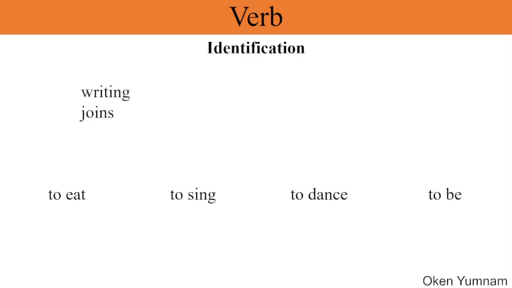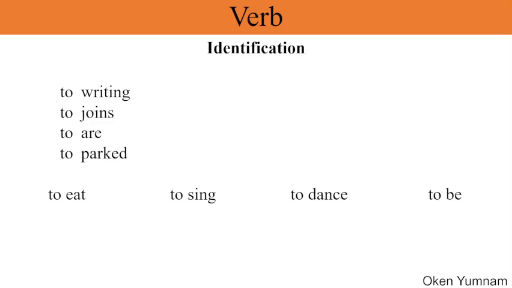Now let's see these words: writing, joins, are, part. These are all verbs, but how do we know? Let's see. Can we say to writing, to joins, to are, to part? Even though we know these are verbs, to writing sounds odd.